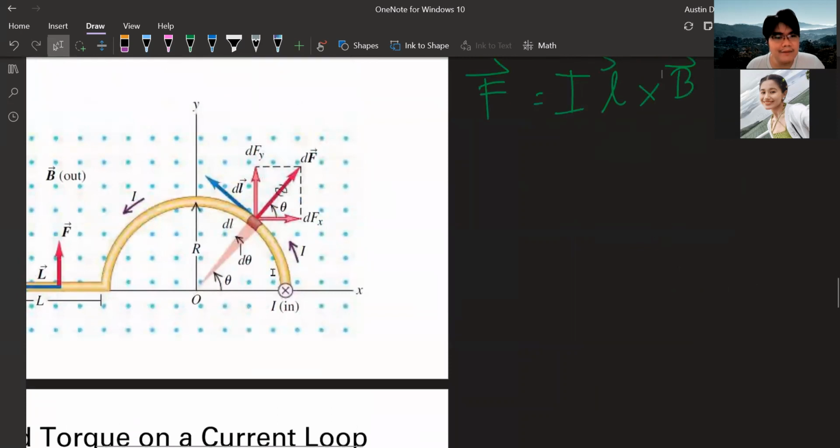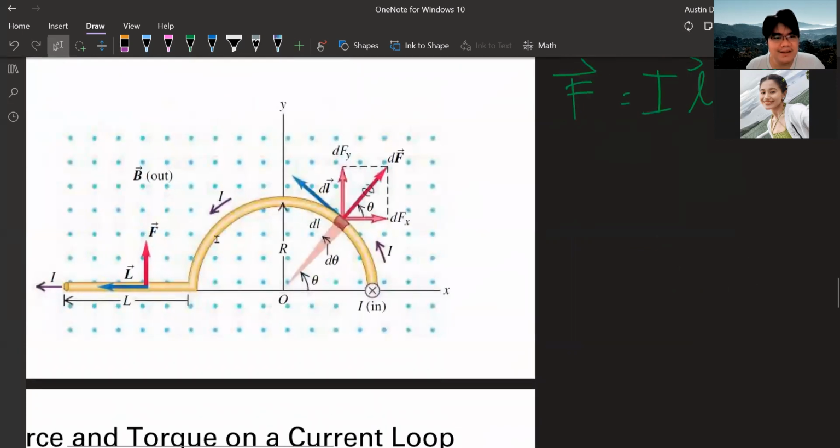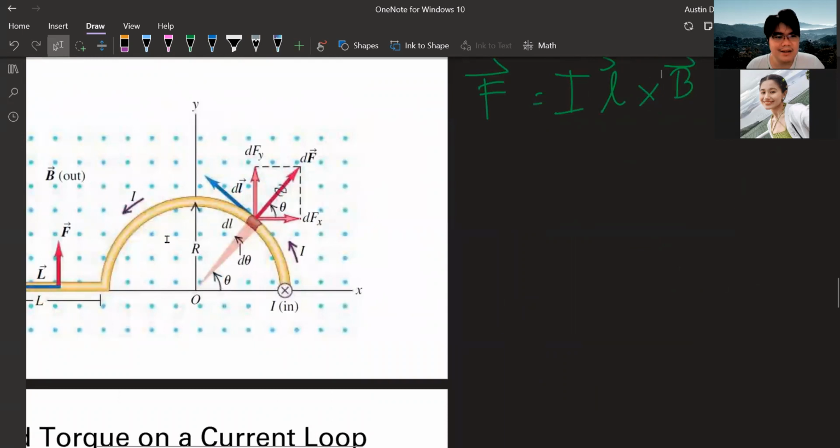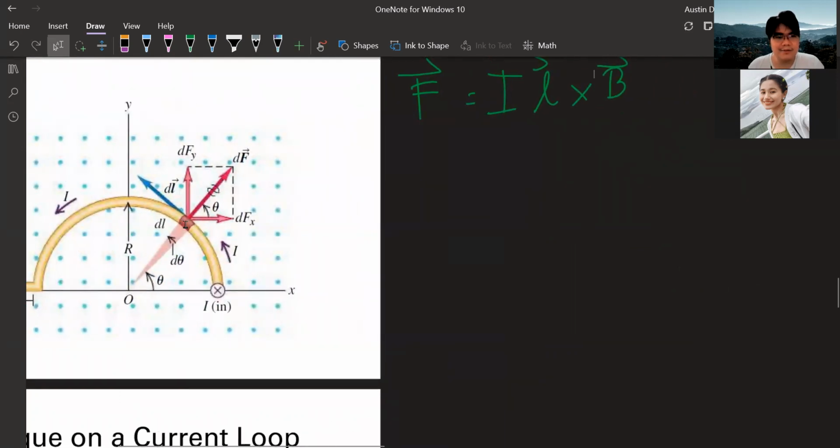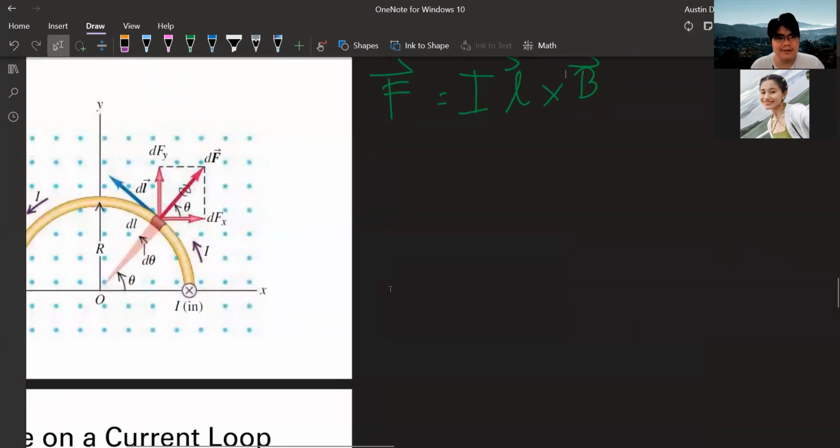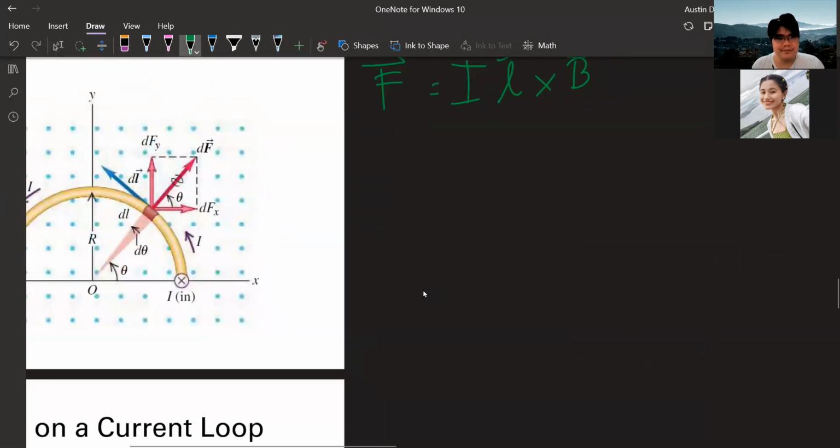And then from here, pag mga ganito yung mga path natin, pwede natin siyang i-integrate from a small segment. Okay. So the force is just an integral. Integral of IL cross B. Ang problema lang natin, how do we characterize L, the path?